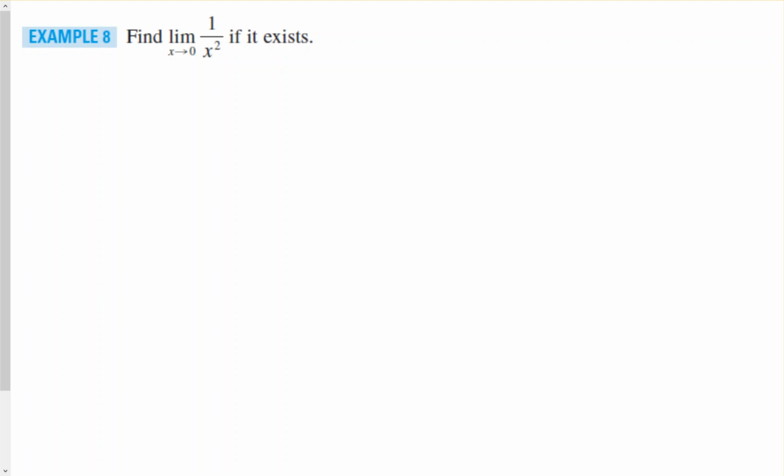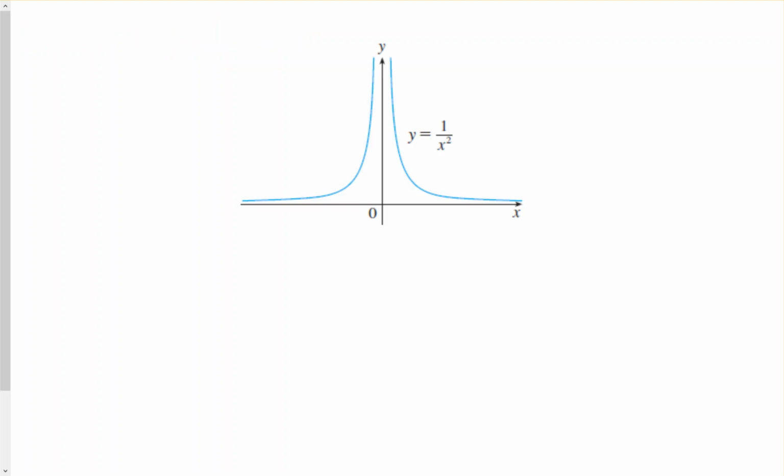Okay, find the limit as x approaches 0 of 1 over x squared, if it exists. So we could look at the graph of the function. Notice as x approaches 0, this will be approaching what looks like a vertical asymptote, right?